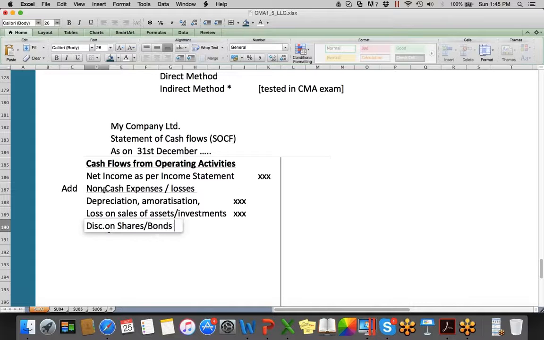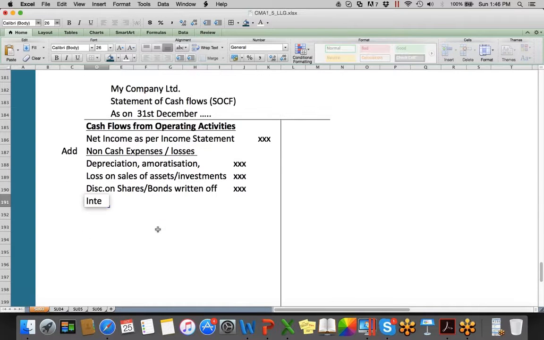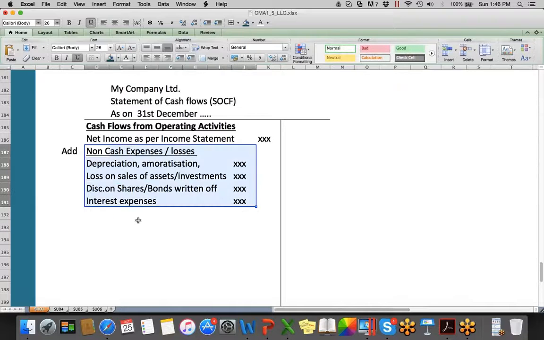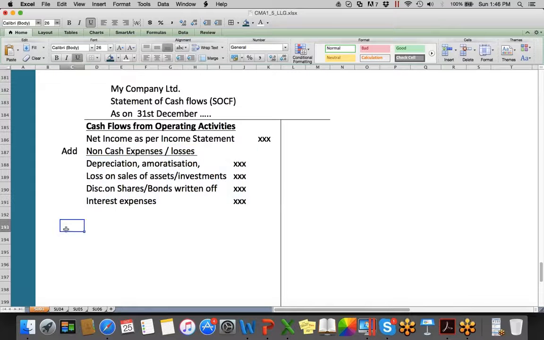Next, we will have discount on shares, bonds, written off. It should also be added. Next, interest expense should be added here. So these non-cash expenses, non-operating expenses are to be added back.